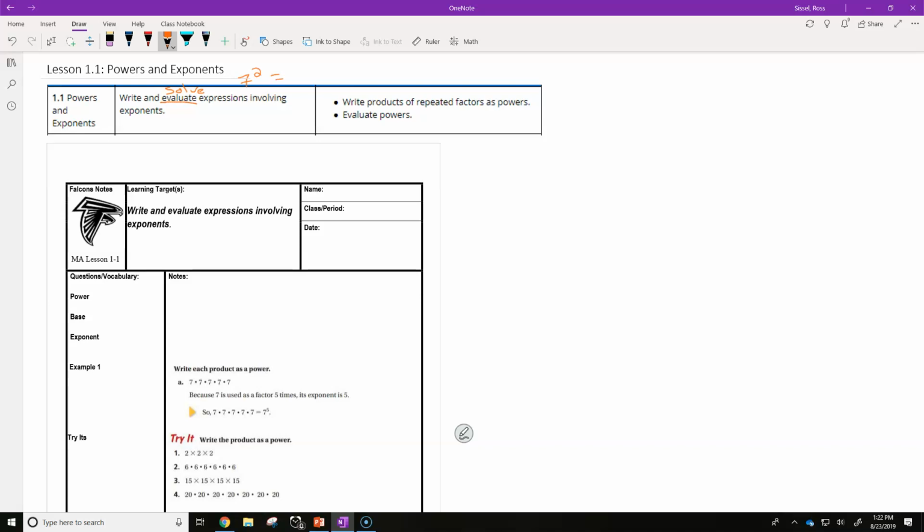You are going to be able to say 7 squared is 49. Or you are going to have to write that 7 times 7. We learned to rewrite that as 7 squared. That is the goal of today.